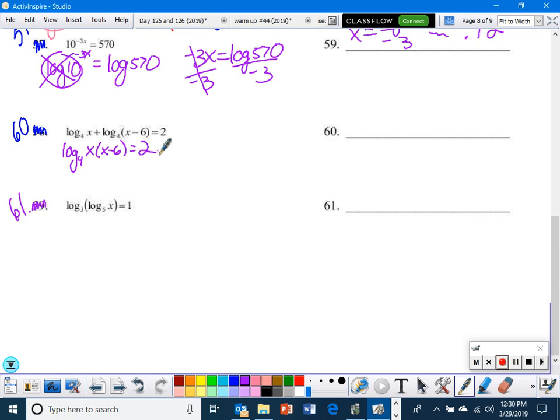All right, now I need to get rid of the log base 4, so I'm going to do this. All right, so that leaves me with, and 4 squared, that would be 16. Okay, I'm going to distribute.